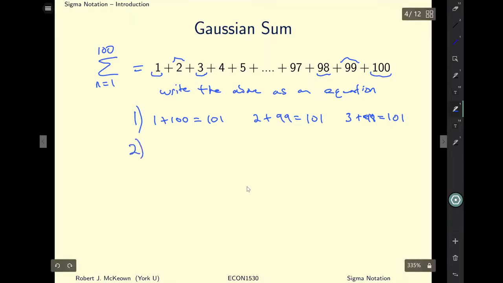Now, notice that we've got 1 plus 100. That's our first pair. That's our second pair. Here's our third pair.